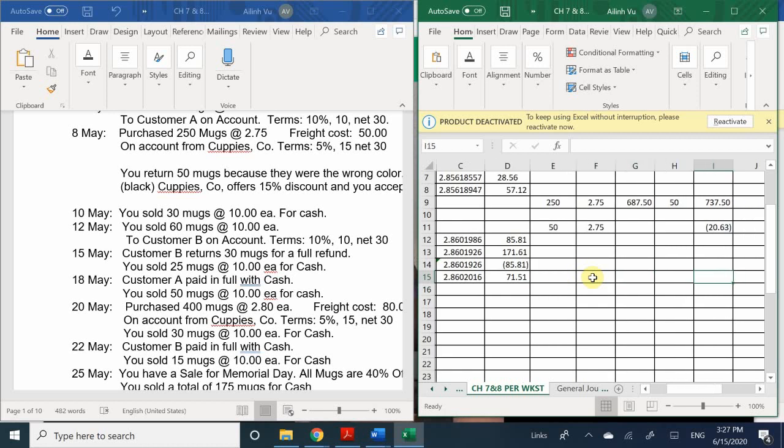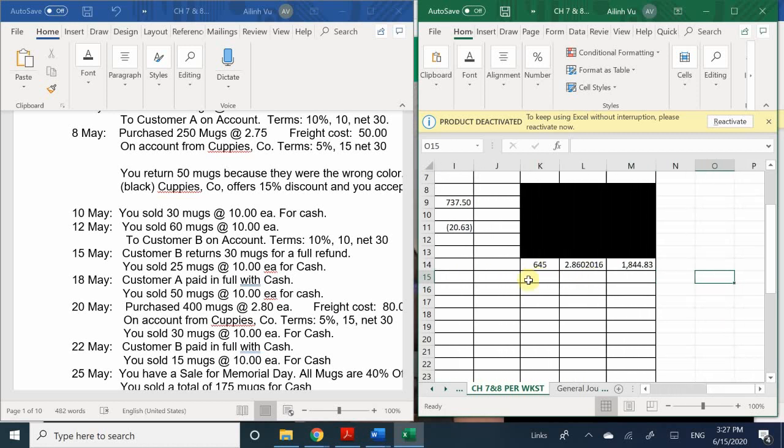But let me go ahead and adjust my inventory right now. Okay. So now I went from 645 minus 25 gives us how much? 620. 620. And then I have my amount of 1844.83. And I'm going to subtract, was it 71.51? 71.51.